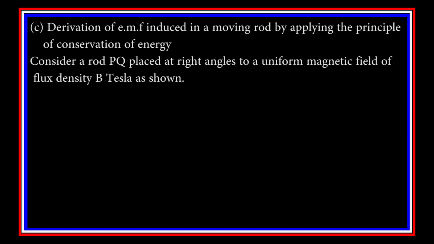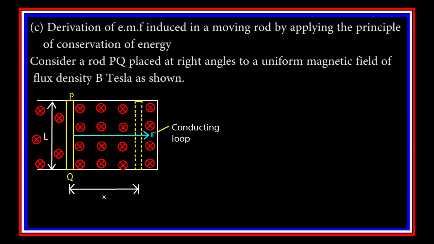C. Derivation of e.m.f. induced in a moving rod by applying the principle of conservation of energy. Consider a rod PQ placed at right angles to a magnetic field of flux density B Tesla as shown below.